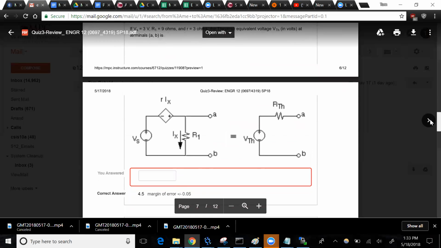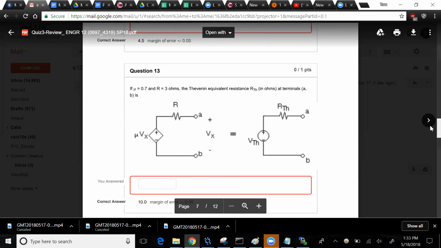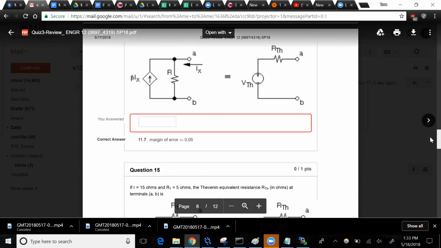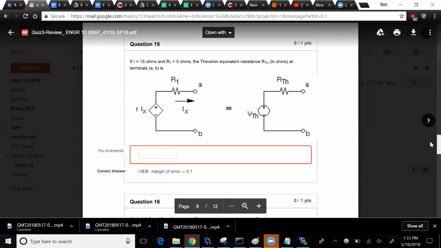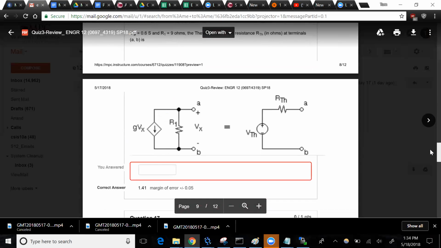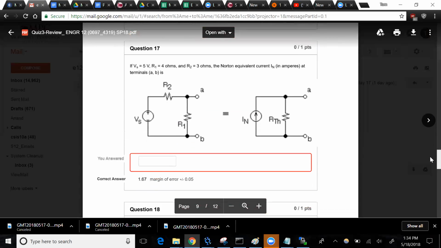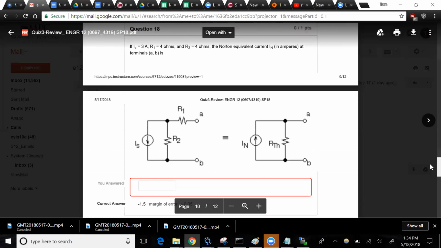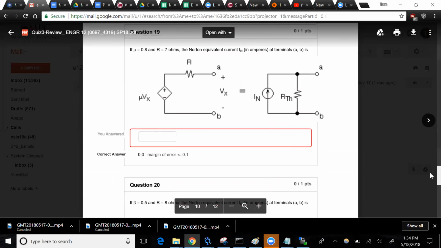12 is 4.5. 13 is 10. 14 is 11.7. 15 is minus 10. 16 is 1.41. 17 is 1.67. 18 is minus 1.5. 19 is 0.